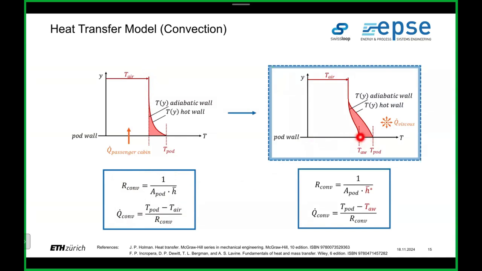That's because of viscous dissipation in this boundary layer close to the pot wall, and because of friction, the air is heated up, and therefore I also had to adjust the equations. The heat transfer coefficient for convection, and here I replaced this temperature with this equation. The adiabatic wall temperature is used.